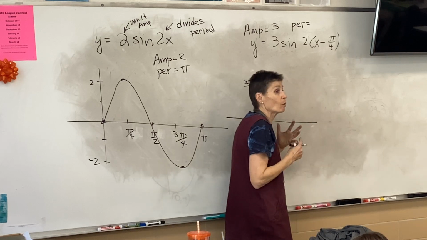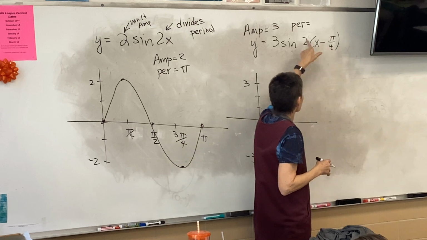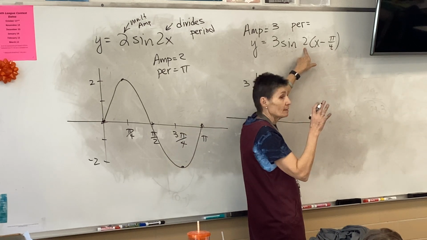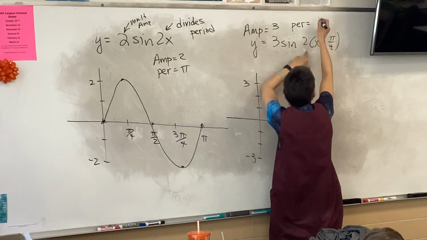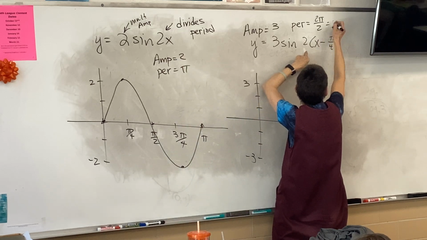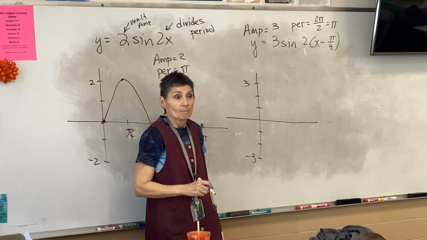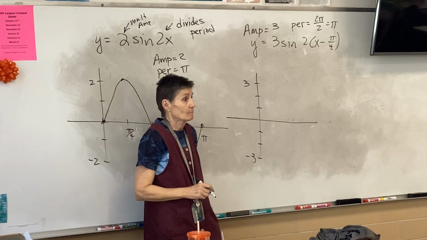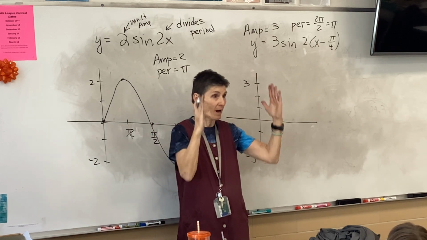Okay, what is the normal period of a sine curve? 2 pi. What does that number do? It divides. So the normal period is 2 pi, but I've divided by 2, so now my period is pi. So that means start to finish is going to be pi.